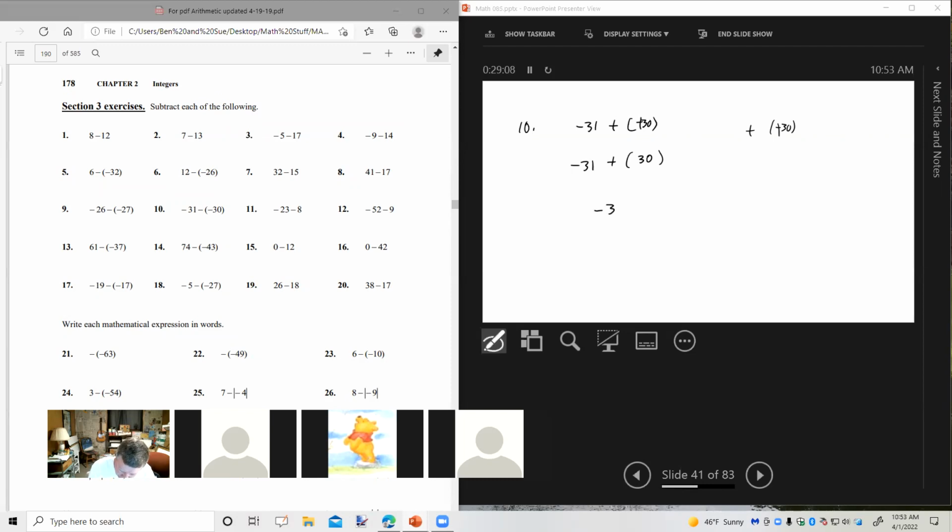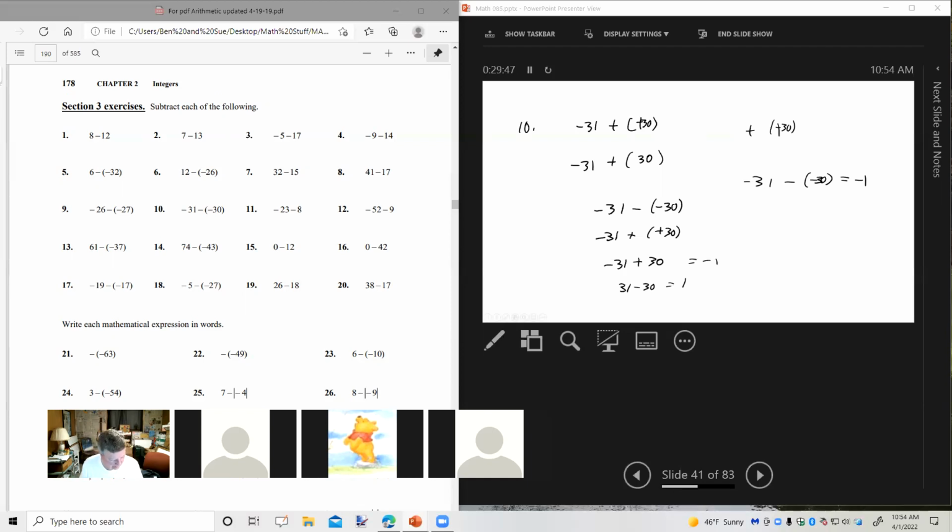So negative 31 minus negative 30 is negative 31 plus positive 30. Now we're adding two numbers with different signs. So which one is more powerful? The negative. 31 minus 30 is 1, but it's going to be a negative 1. So way back up at the start, this is going to be negative 1. Any questions about that?